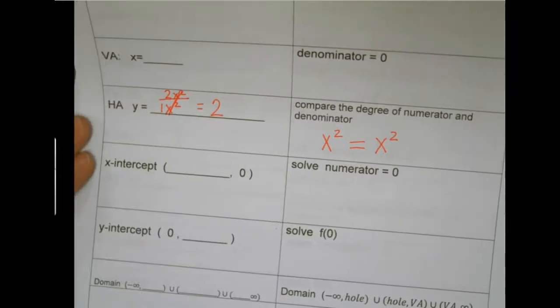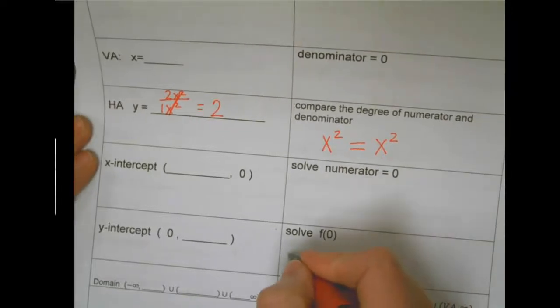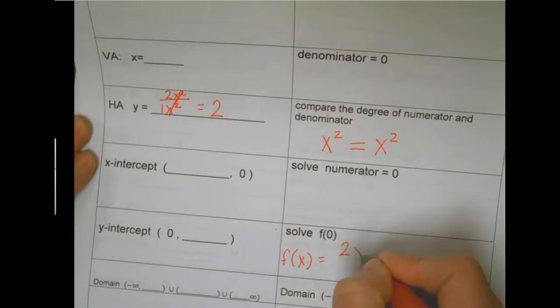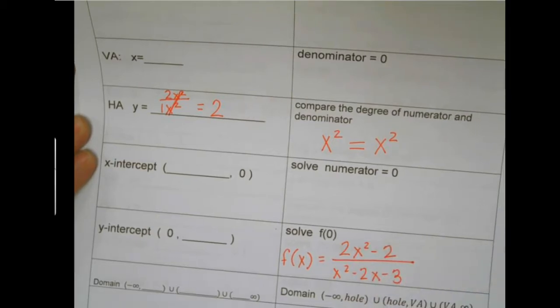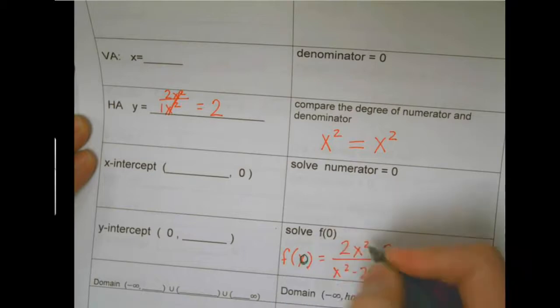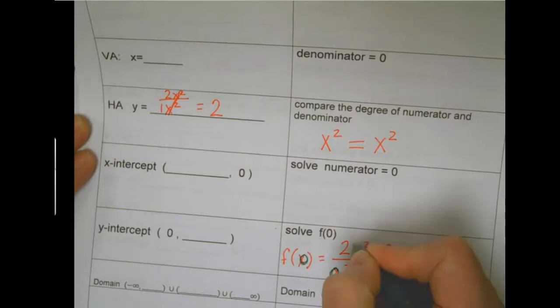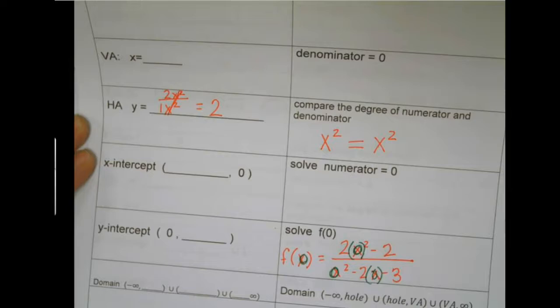How am I going to find my y-intercept? Write down the original equation, and then what? In place of x, put in a 0.